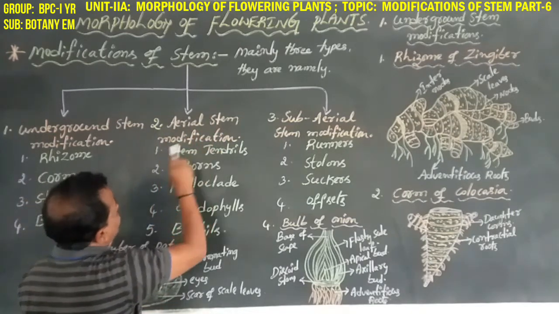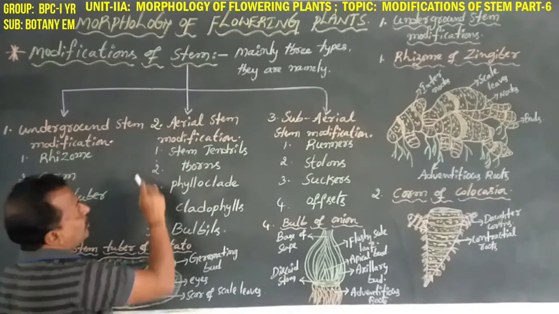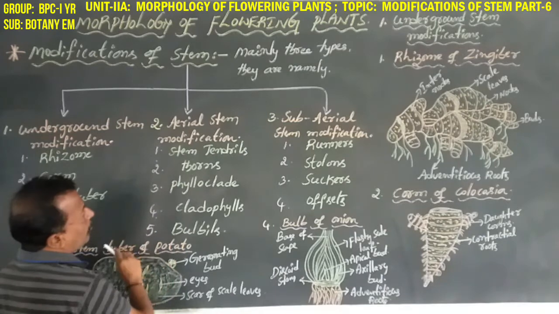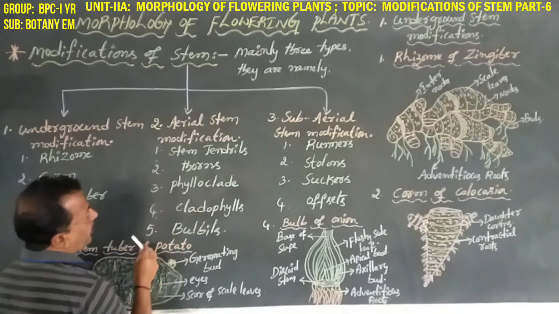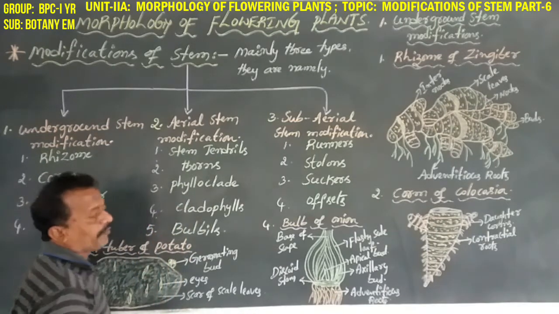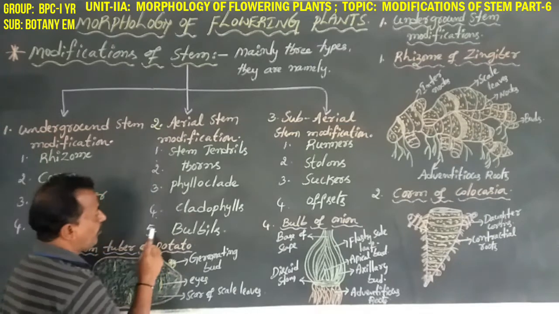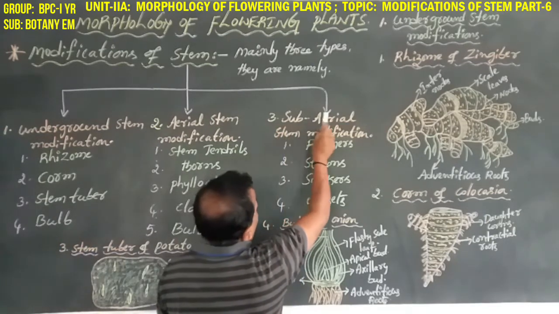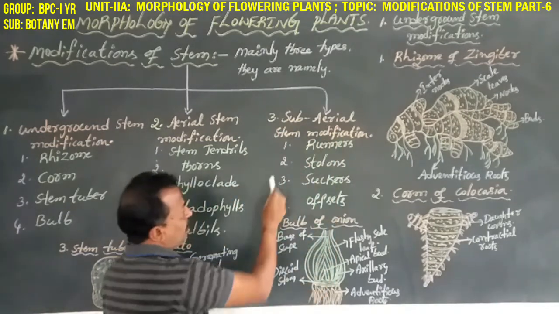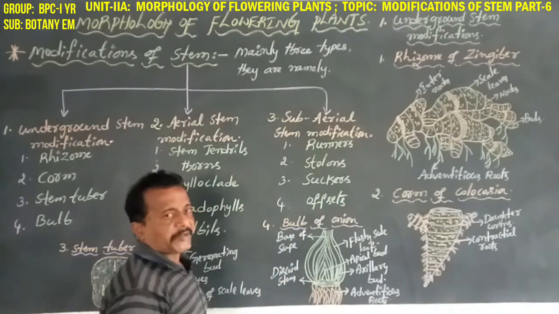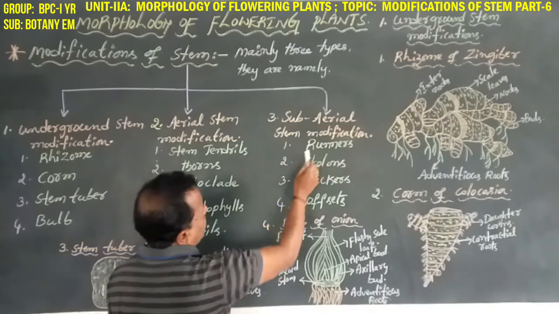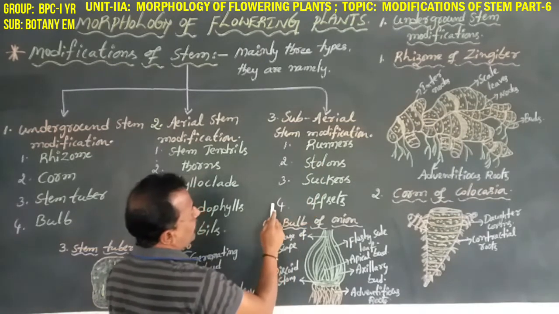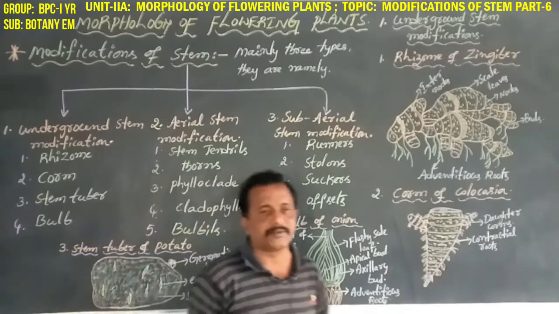Aerial stem modifications are of five types, namely: stem tendrils, thorns, phylloclade, cladophylls or cladodes, and bulbils. Third, sub-aerial stem modifications are of four types, namely: runners, stolons, suckers and offsets.